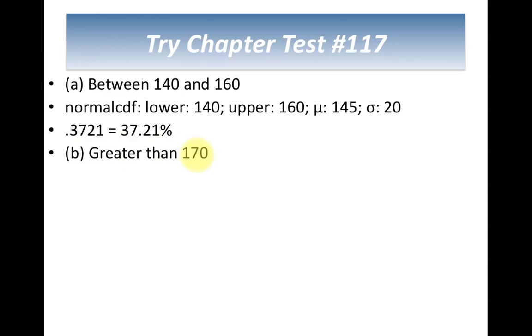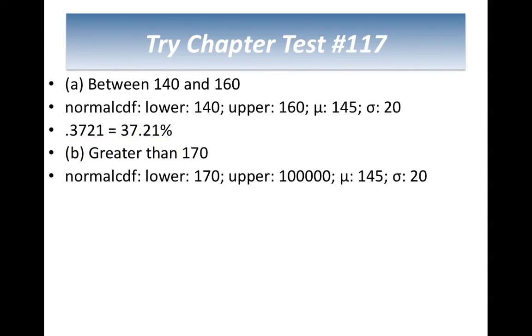So when we use normal CDF on our calculator, the lower is 170 and the upper is positive 100,000 to represent positive infinity. The mean is 145 and the standard deviation is 20. Again, the same mean and the same standard deviation. So we enter that into our calculator.